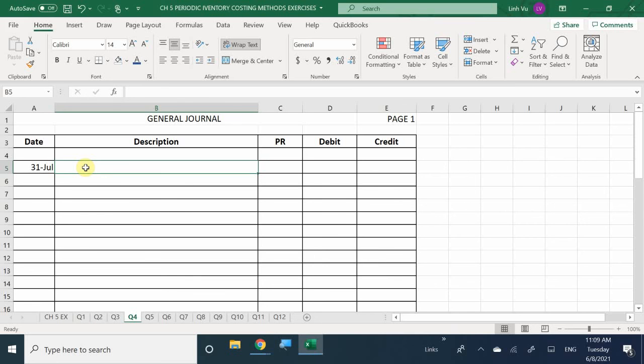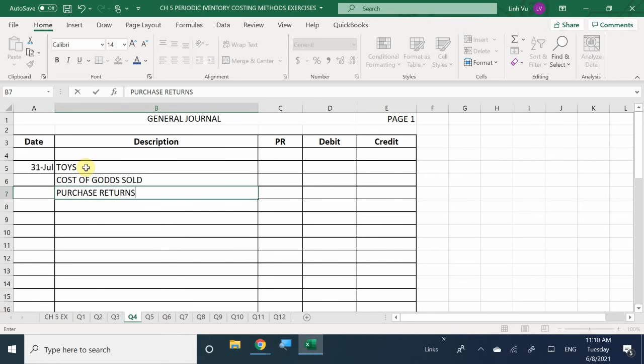Let's start with your ending toy or inventory. Good. Toys, ending balance. Good. And then cost of goods sold. Cost of goods sold. And purchase returns and allowances. Purchase returns and allowances. And then your credit purchase expense and freight expense.